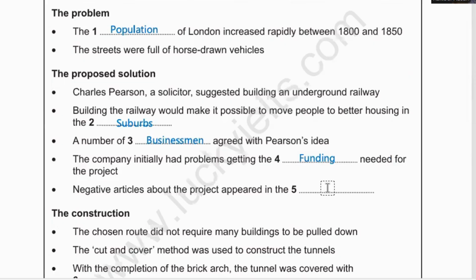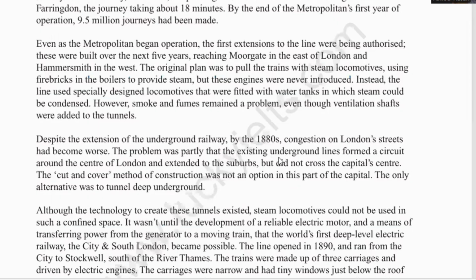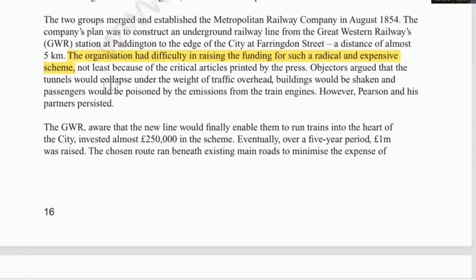And question number 5: negative articles about the project appeared in the dash. Negative articles about the project appeared somewhere. They have also mentioned, not least because of the critical articles. Critical means negative.